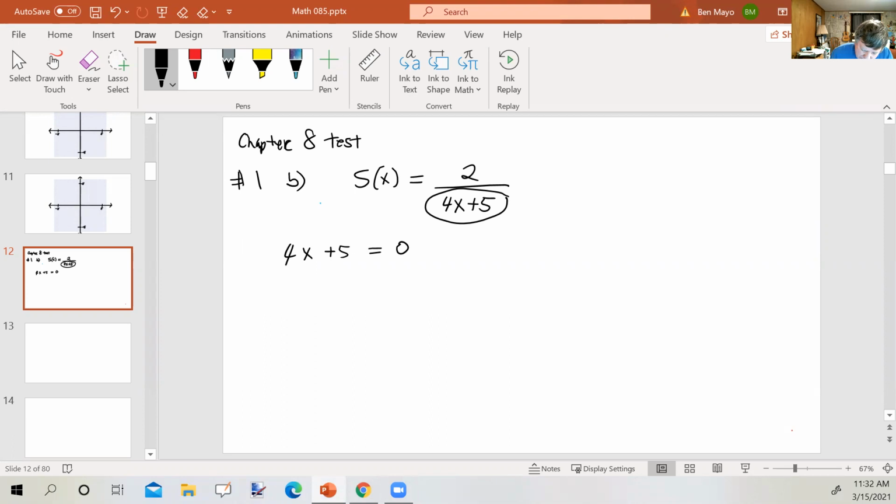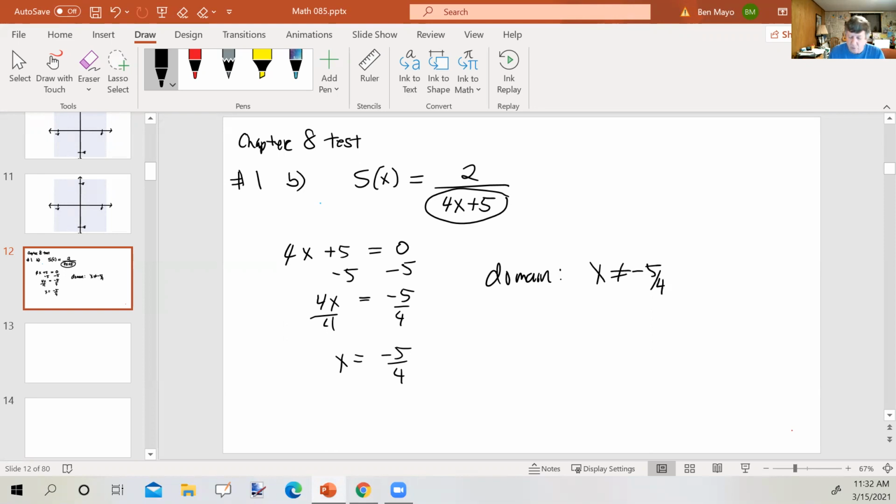To solve this equation, we'll subtract 5 from each side. We get 4x equals -5. Divide by 4, x equals -5/4. So the domain would be all real numbers except x can't equal -5/4.